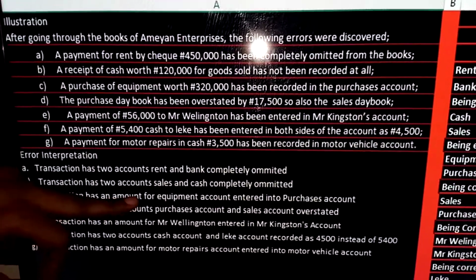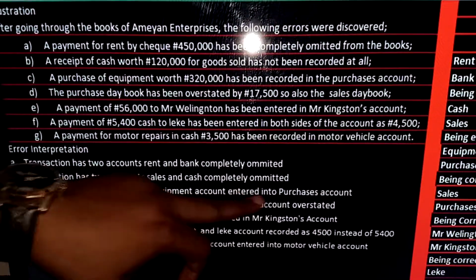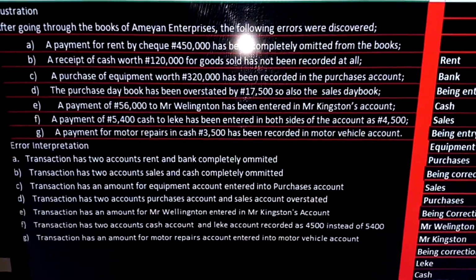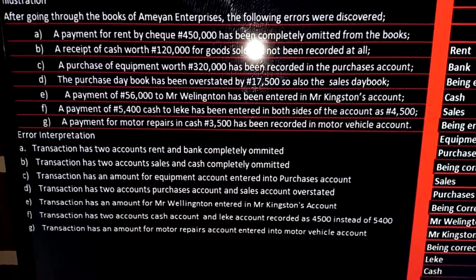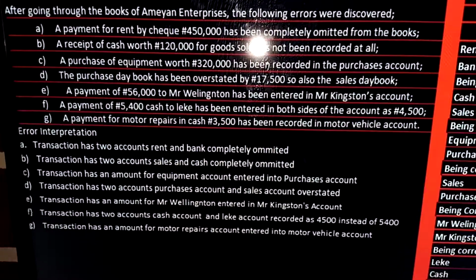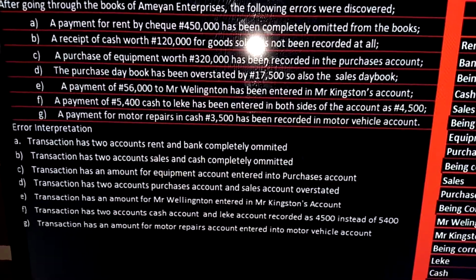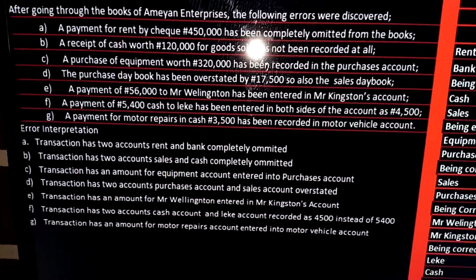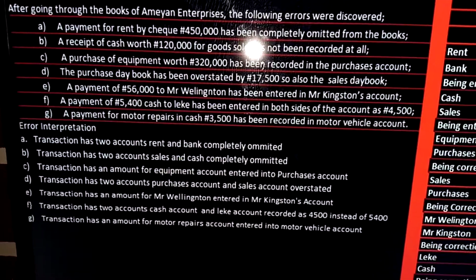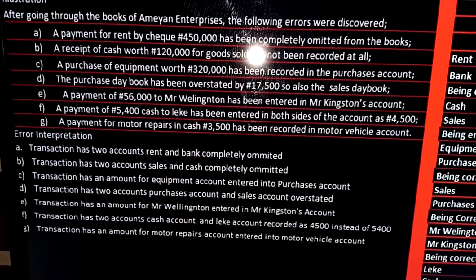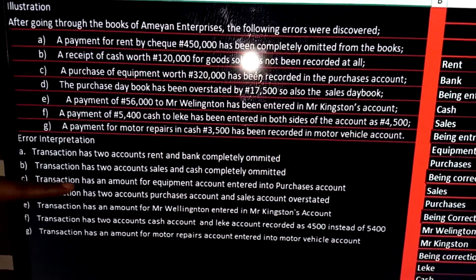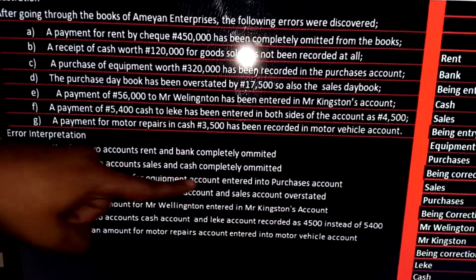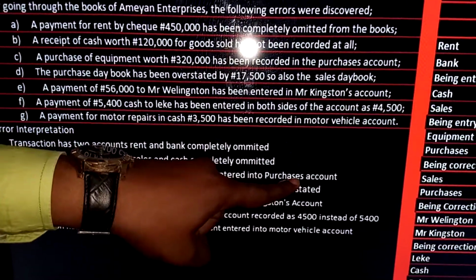The transaction has an amount for the equipment account entered into the purchases account. When you purchase equipment, you can't take it to the purchase account because equipment is not what the business deals in. Equipment is an asset in this case. The purchase account only records goods that the business deals in that are purchased. So in this case, the amount belonging to equipment has been entered in what? Purchases.